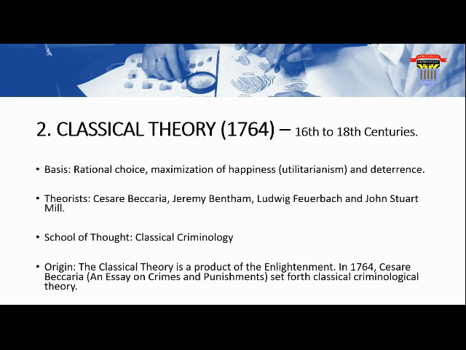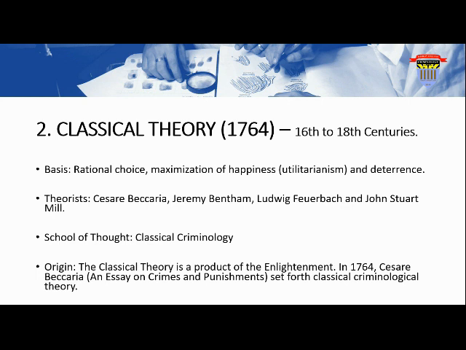The basis of this theory is rational choice, maximization of happiness, utilitarianism, and deterrence. The theorists are Cesare Beccaria, Jeremy Bentham, Ludwig Feuerbach, and John Stuart Mill. The school of thought is classical criminology.